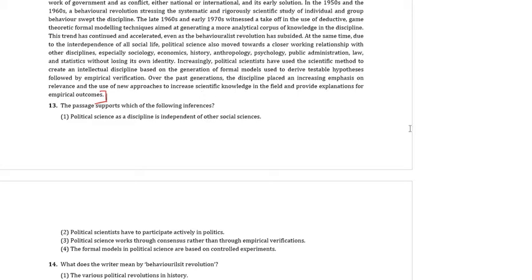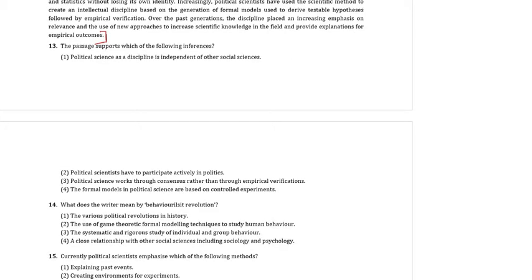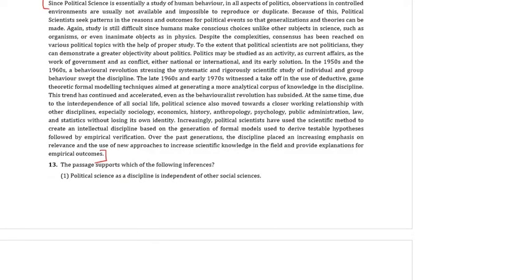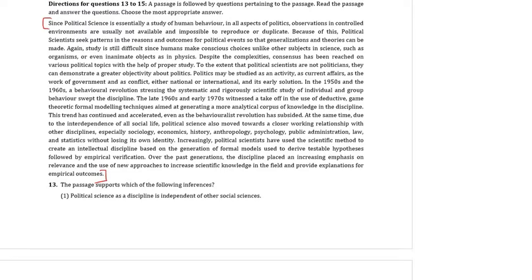Whereas when I look at the next question, and I won't really go into the exact solving, the question says, what does the writer mean by behavioral revolution? So you first need to go and search that part of the passage and you find this data here. Now, if you just look at that sentence, the trend has continued and accelerated even as the behavioralist revolution has subsided.